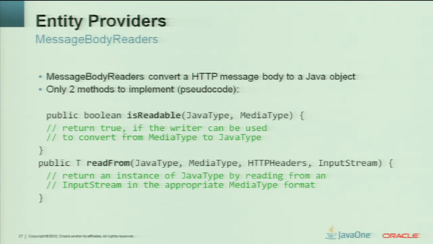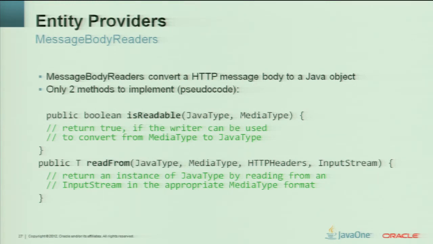And this method, this read from, returns an instance of the Java type that's on the parameter line. So it reads an input stream and has a parser for the appropriate media type format. As a practical example, if you have a JSON reader here, you would understand the media type application JSON, and you would have a JSON parser as the implementation here.